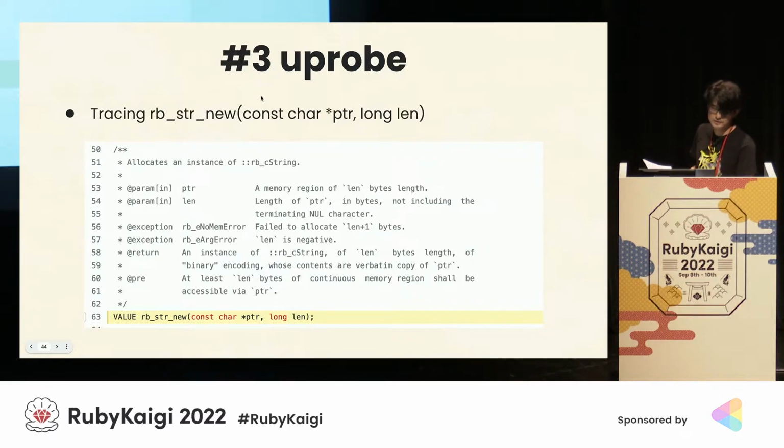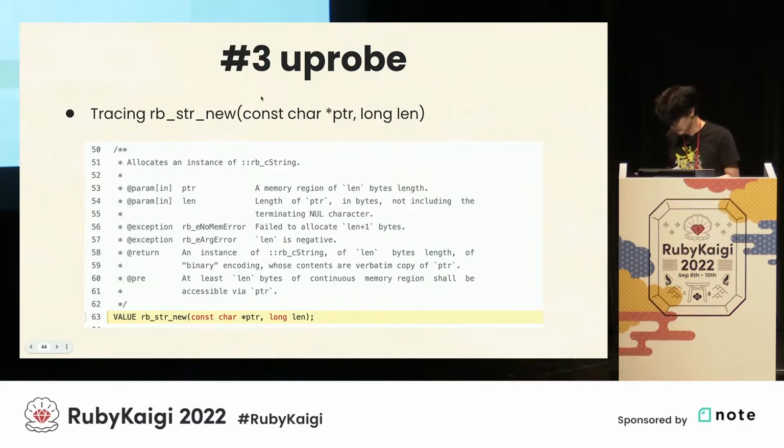The example case is rb_str_new. This is called when a string is created inside Ruby.